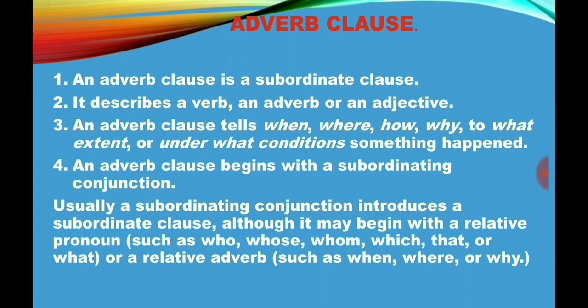Fourth point, an adverb clause begins with a subordinating conjunction. Usually, a subordinating conjunction introduces a subordinate clause, although it may begin with a relative pronoun such as who, whose, whom, which, that, or what, or a relative adverb such as when, where, or why.